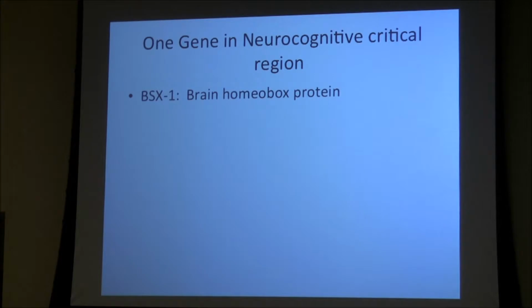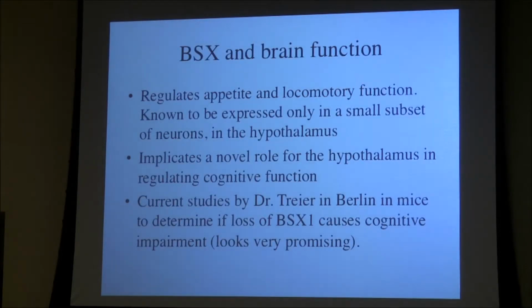And there's an investigator in Germany by the name of Matthias Trier, who unfortunately couldn't speak at this year's conference, who spoke 2 years ago, who told us some of the work that he's been doing. And I can tell you that when he makes a knockout of this gene in mice, when you knock out both copies, now remember your child has one copy at least, or two, when you knock out both copies of this gene in the mice, they are severely cognitively impaired.